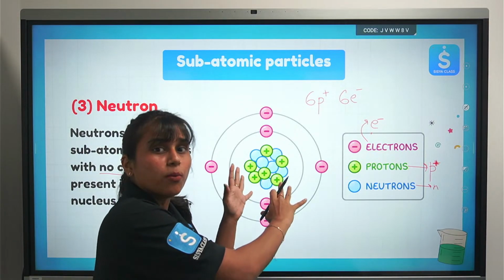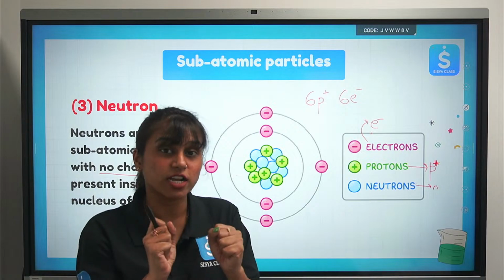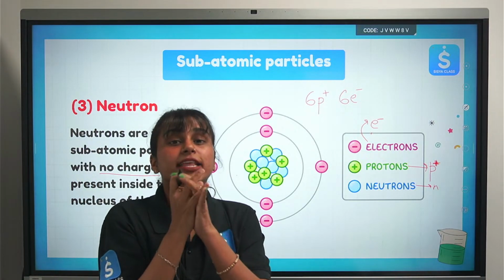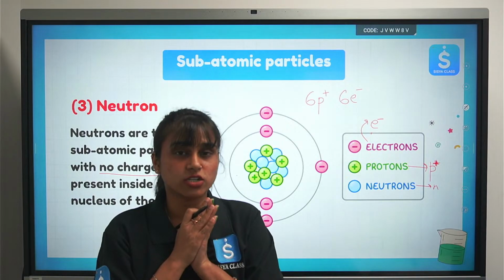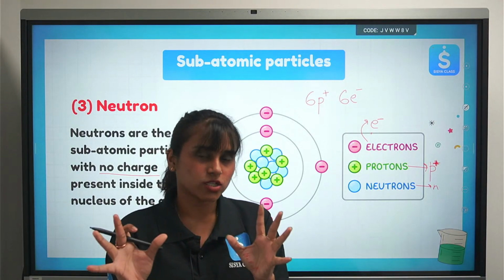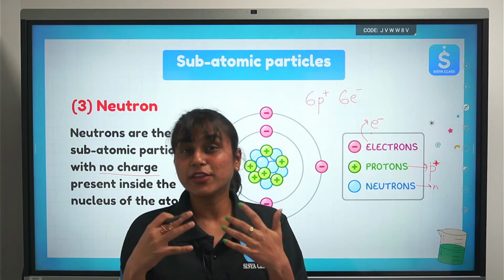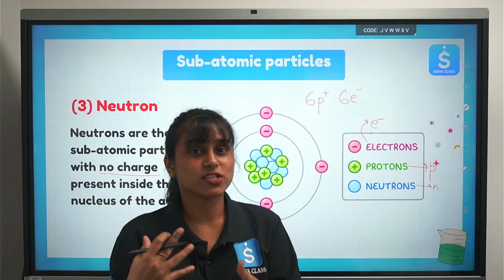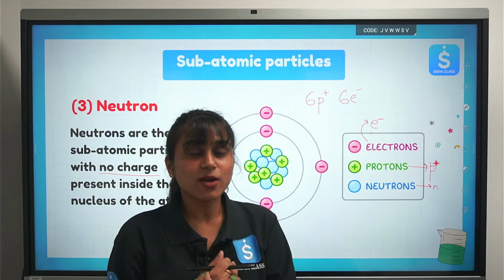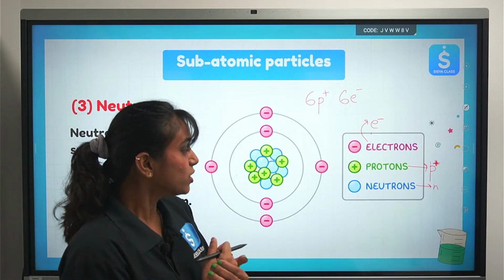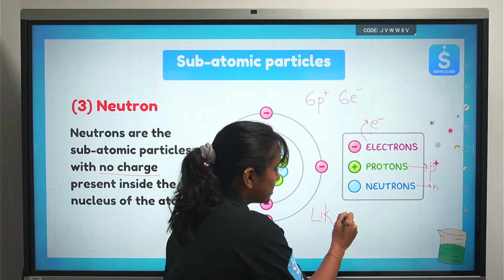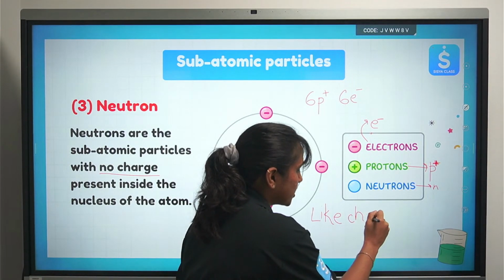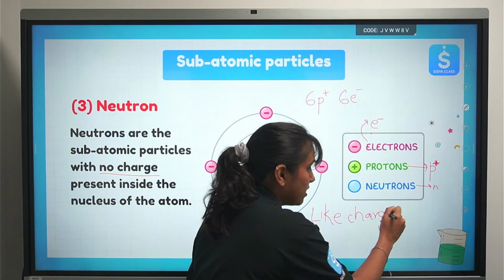Look at it, so many positive charges are accumulated in that nucleus. What do we know about like charges and opposite charges? We know that like charges repel.